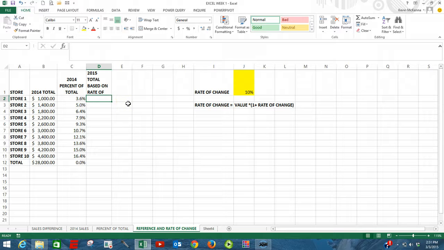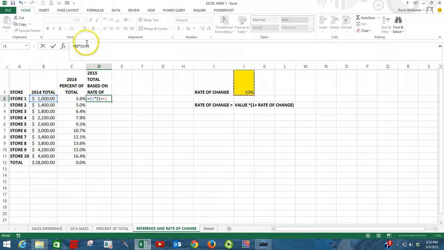Equal sign, 1,000, which is our value, multiplied by open parenthesis, 1 plus our rate of change, which is right here, the 10%, which happens to be in J1. But we're always going to be looking at that rate of change being in J1, which makes it an absolute.